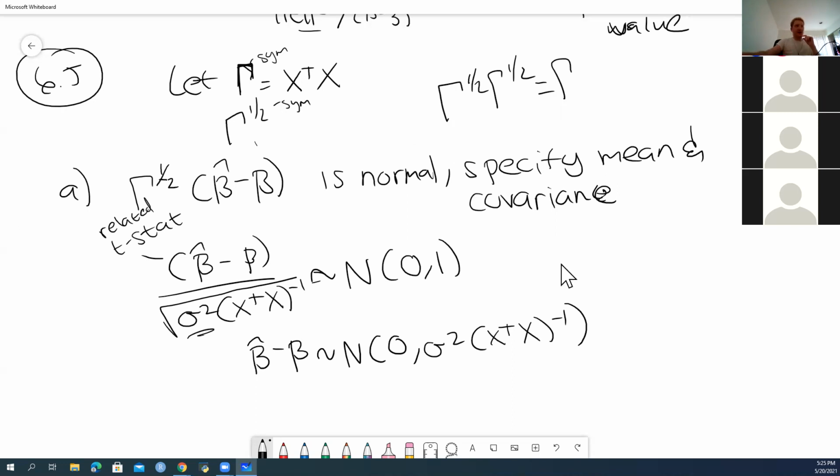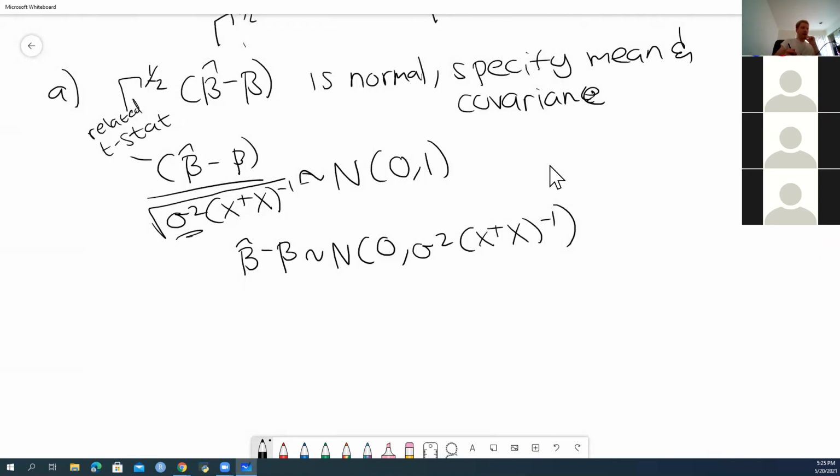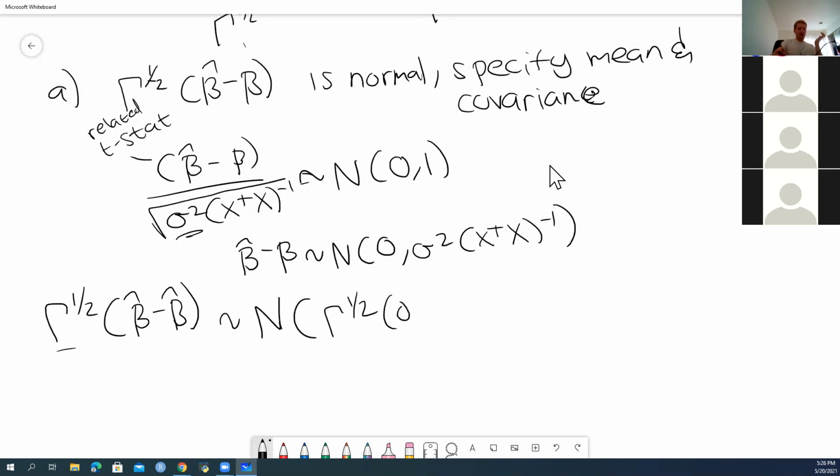It's still normal. The mean would be gamma 1/2 times 0, and the variance is gamma 1/2 sigma squared x transpose x inverse, and since it's symmetric, you do gamma 1/2 on both sides.